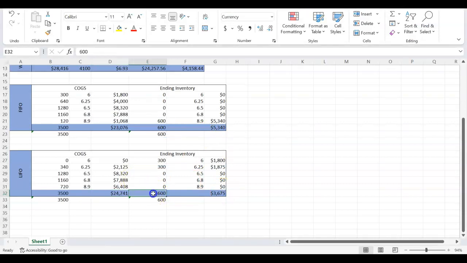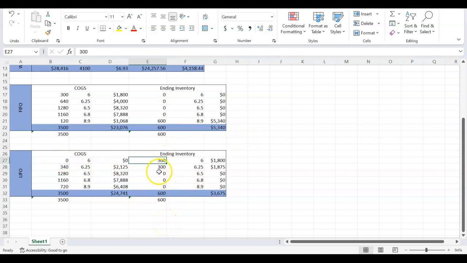So we put in our 600 to start with, or to end with, I should say, and we know that we sold all of these values, so we could put a 0 here.